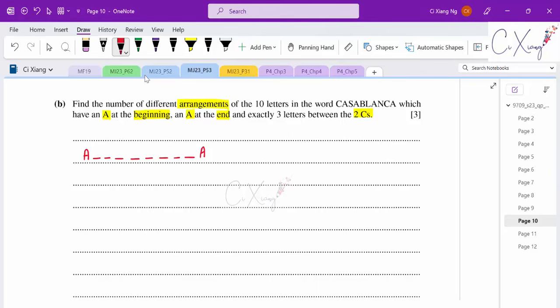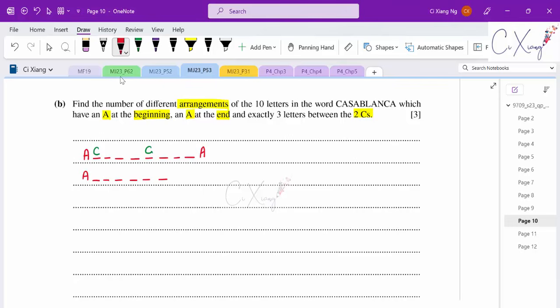From here, you can see very clearly that the first letter is A and the last letter is also A. Then they have an extra restriction where the 2 Cs should have 3 letters between them. So the first case is I have the C here, 3 letters empty, then the next C will be somewhere here. But of course, this is not the only case.